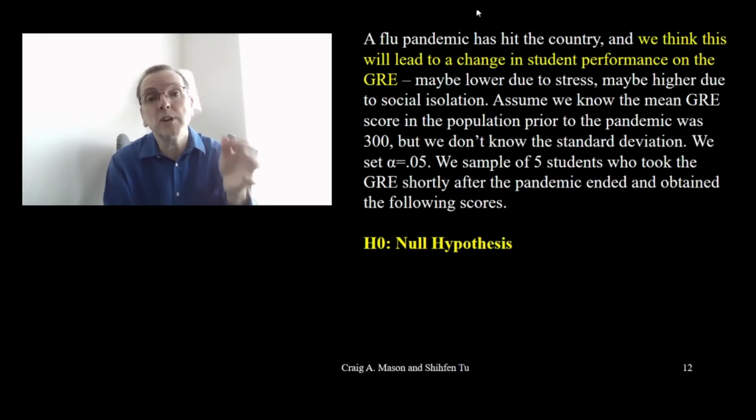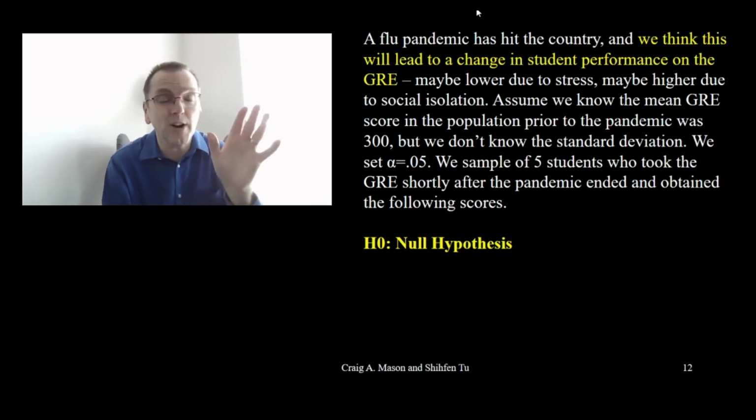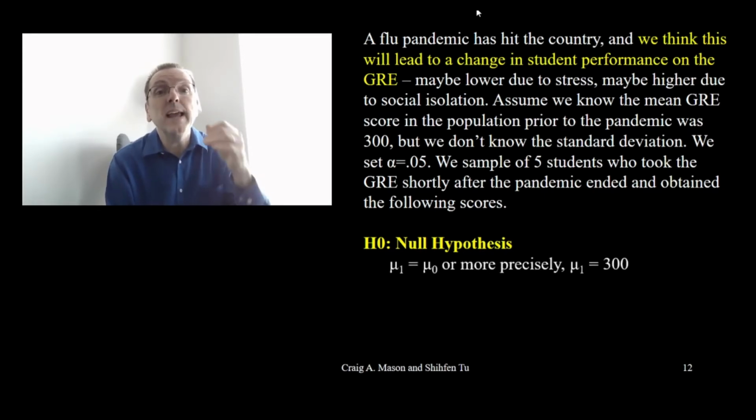Well, if the alternative hypothesis, H1, is that mu1 does not equal mu0, or more precisely, that mu1 does not equal 300, then the null hypothesis must be that mu1 equals mu0, or again, more precisely, that mu1 equals 300.